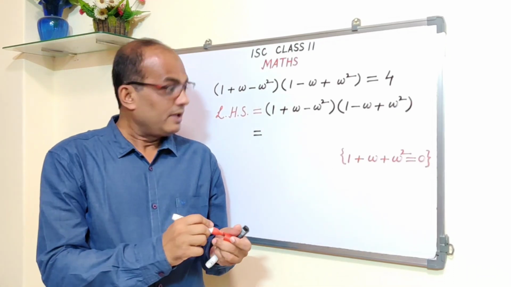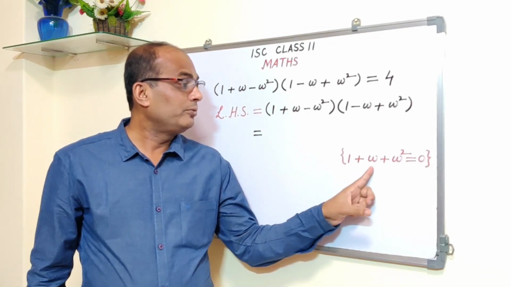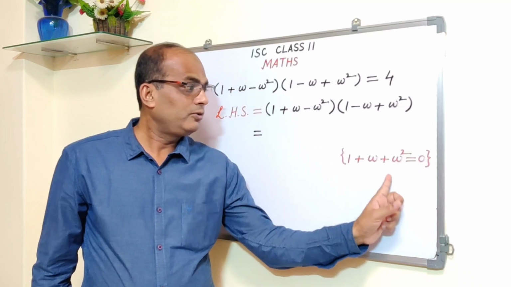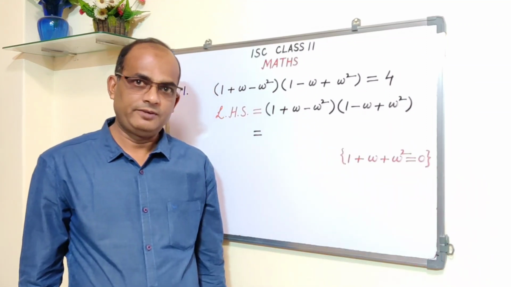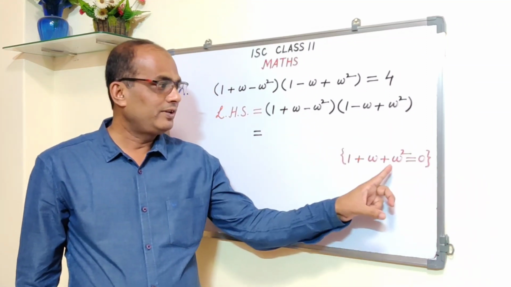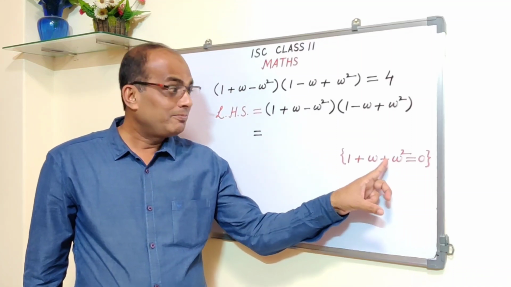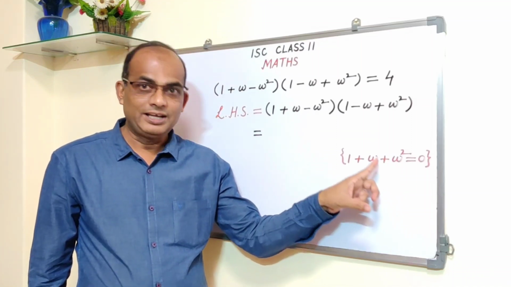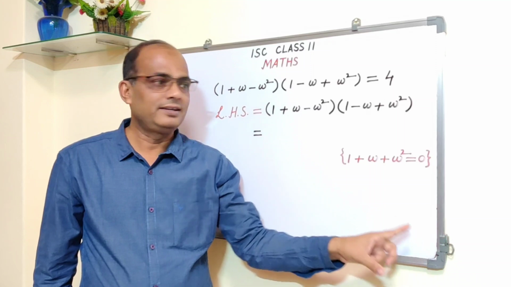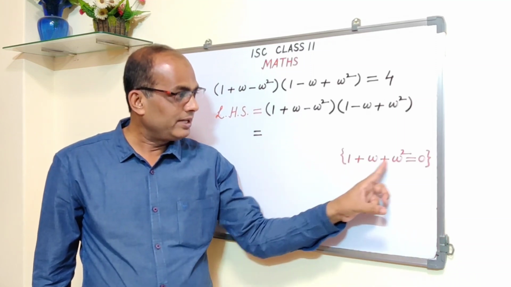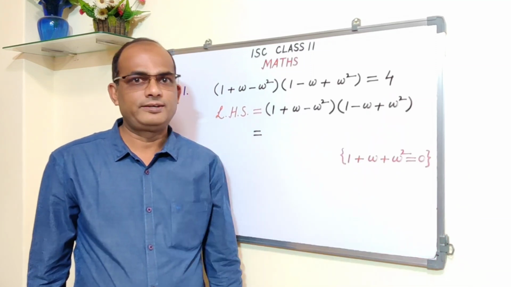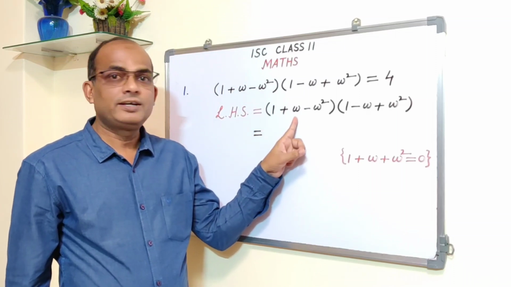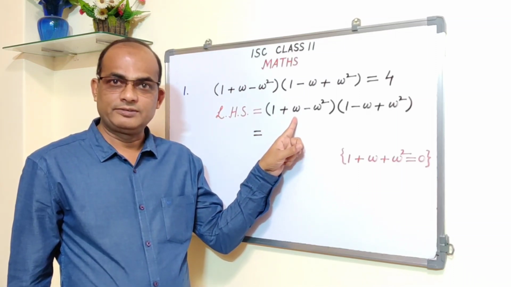If we transpose plus omega square from the left hand side to the right hand side, we get 1 plus omega is equal to minus omega square.